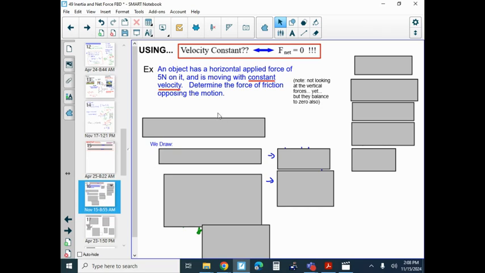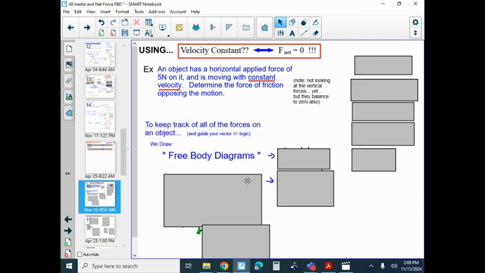So in a question where we're using this sort of thing, an object has a horizontal applied force of 5 newtons on it, and it's moving with constant velocity. We're going to determine the force of friction. You can think it through: we're going to draw a free body diagram of this thing. So we have this 5 Newton force forward and an unknown friction force backwards.